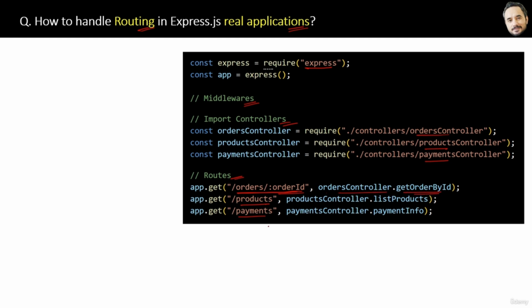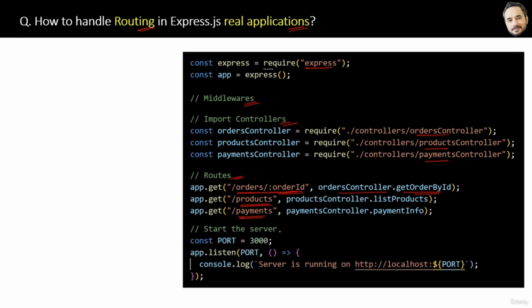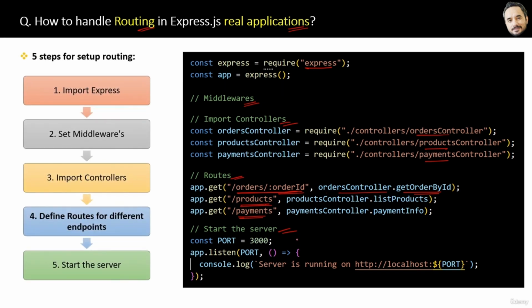Okay, and the same thing will happen for the next 2 routes also. And the fifth step is just to start the server like this as usual, and your routing is ready. So this is an idea and a basic understanding of how we can handle routing in real applications. Okay, and the same steps I have written here for later reference.